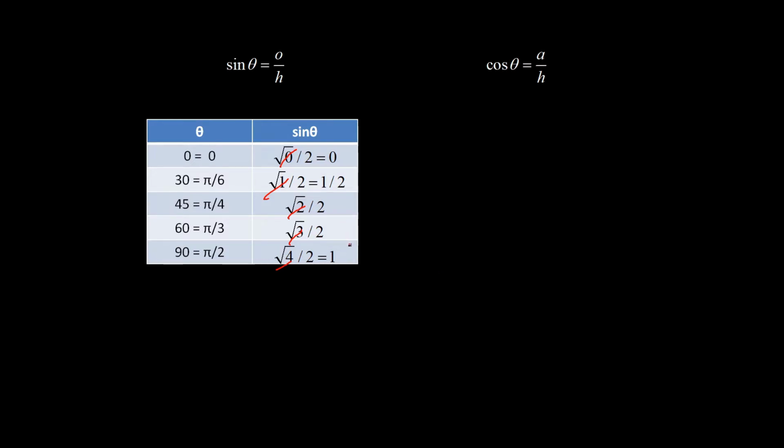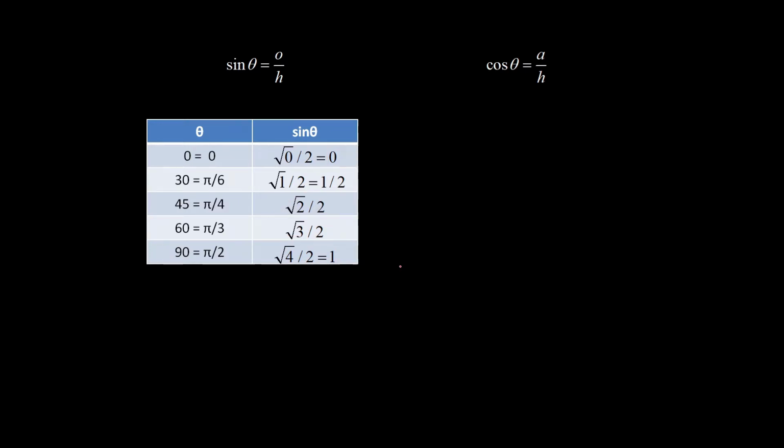Now, these do simplify. Square root of 0 divided by 2 is 0. So the actual numbers you want to memorize here are these. But I wanted to show you the pattern, because sometimes if you know the pattern, that also helps you memorize these numbers.